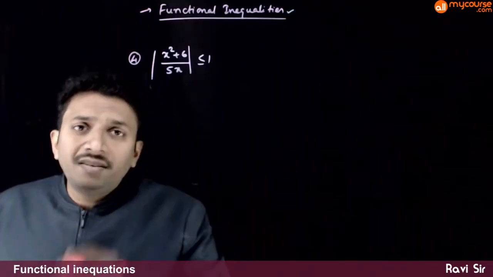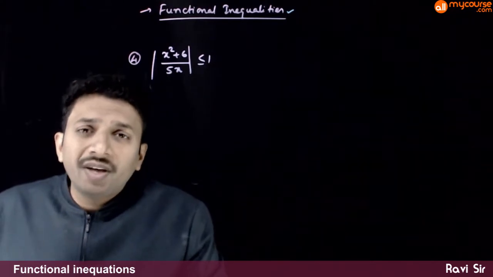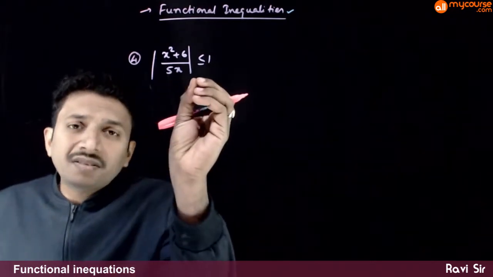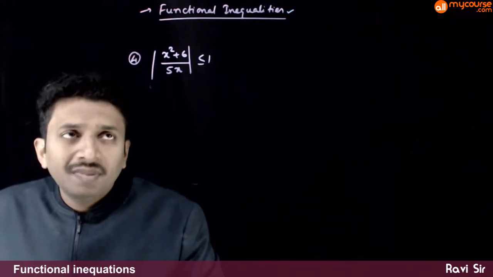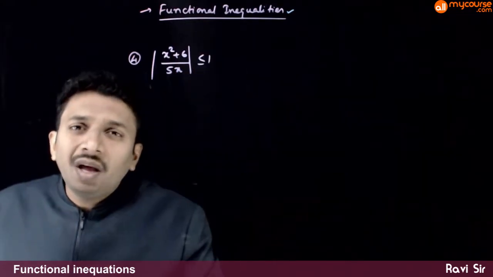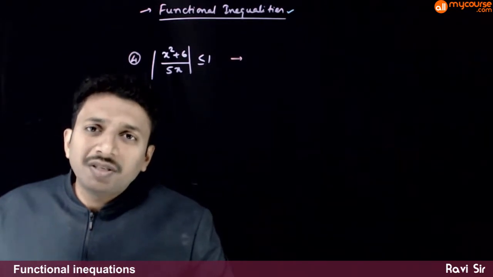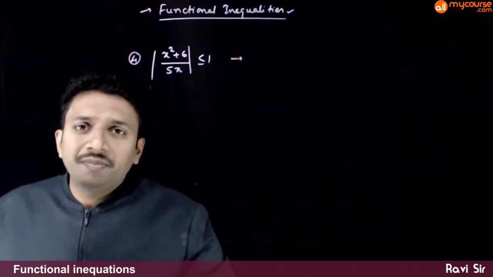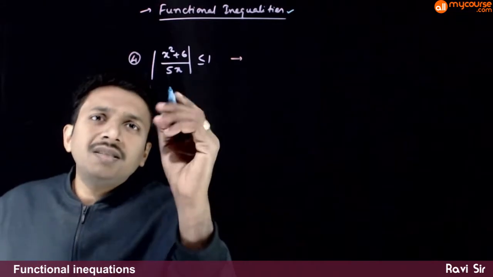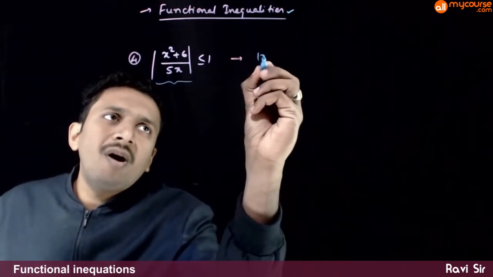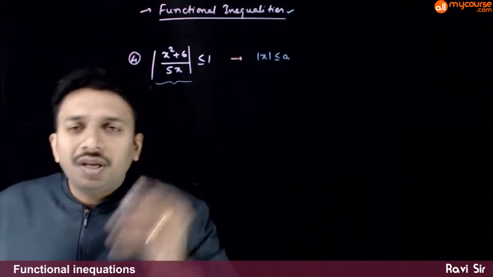So next let us look at this question. Mod of x square plus 6 by 5x is less than or equal to 1. This is also an inequality involving modulus function. So what is the process I am going to use to solve this question? So this inequation is of the form mod x is less than or equal to a.